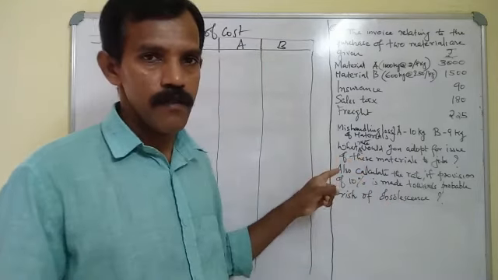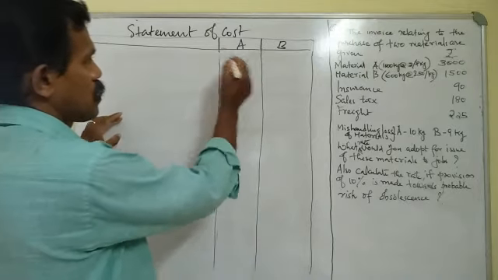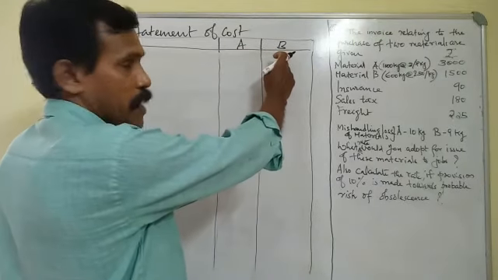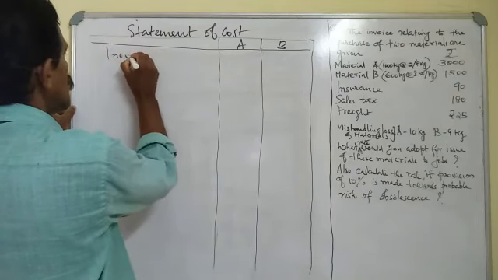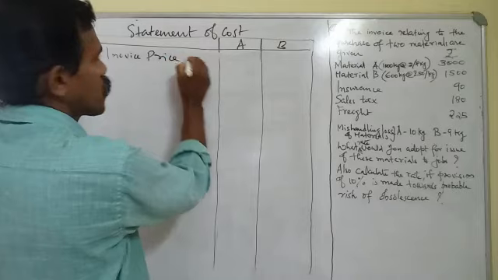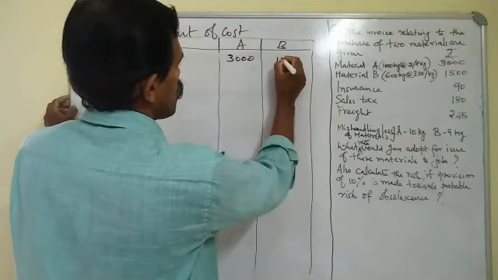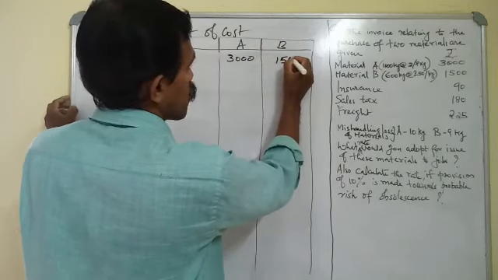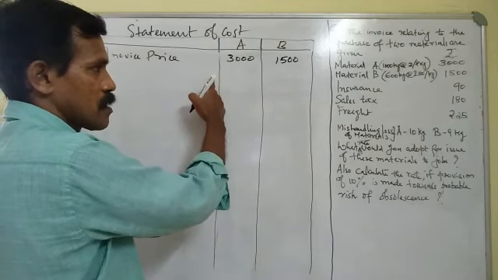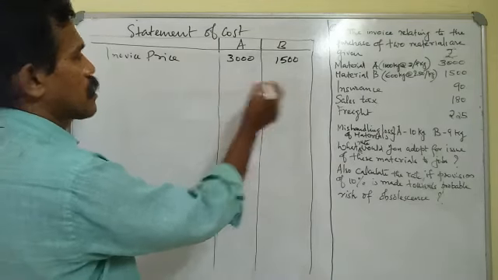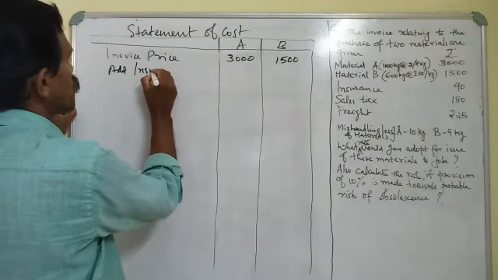Then we solve this question practically. This is a statement of cost. We have two columns, material A and B. Firstly I write invoice price. In case of material A 3000, material B 1500. We have no trade discount here, so we have nothing to deduct. Then we add firstly our insurance.